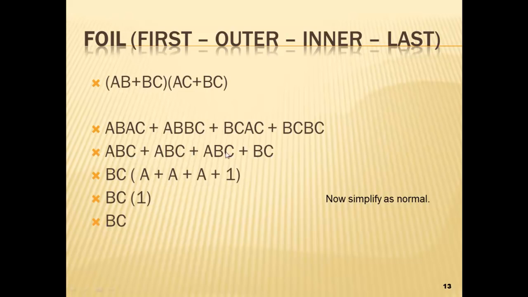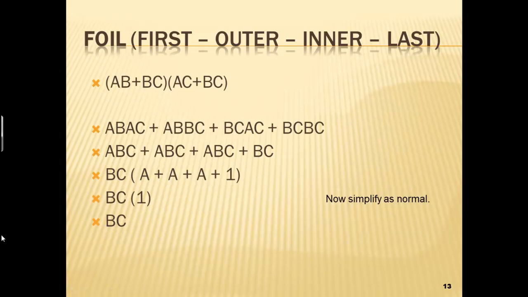Then from there, if you look, you've got a BC in every one of these, so that's a like term. So if we pull out BC, we're left with A or A or A or 1. Because you pull BC from BC, you get 1. All this stuff cancels out, you're left with just BC.